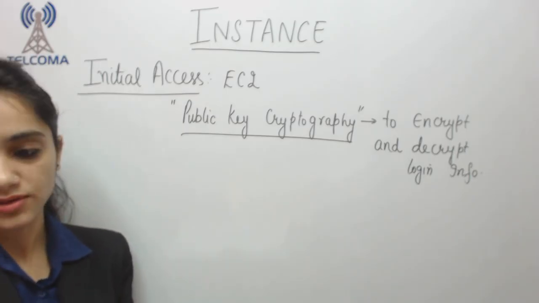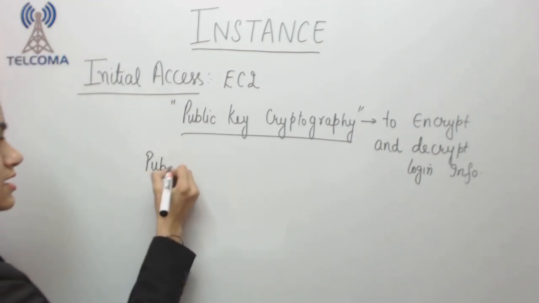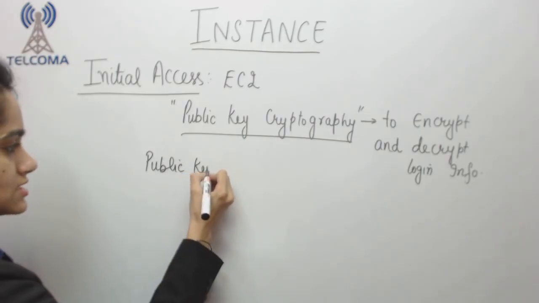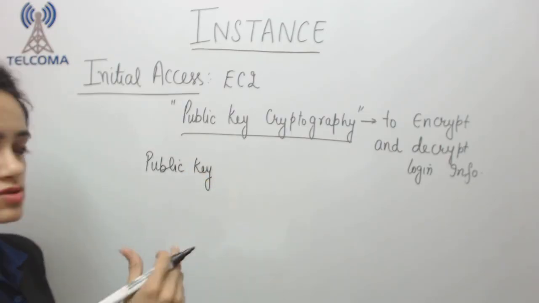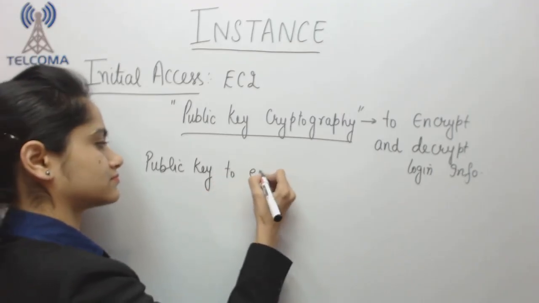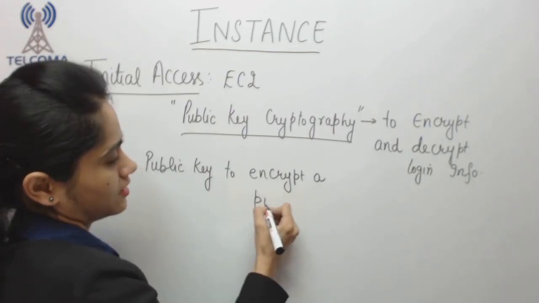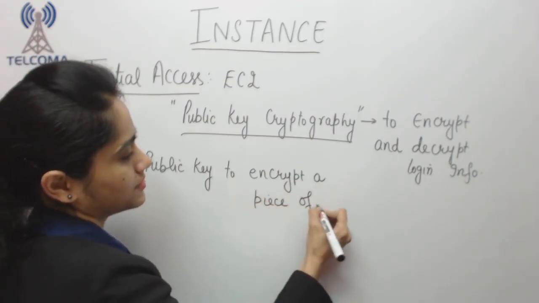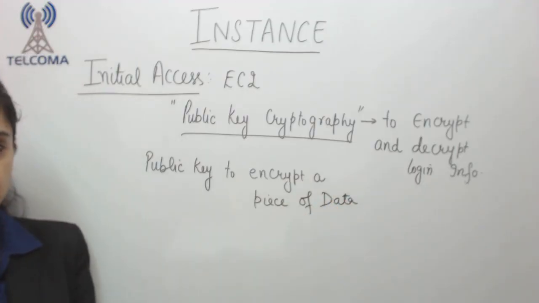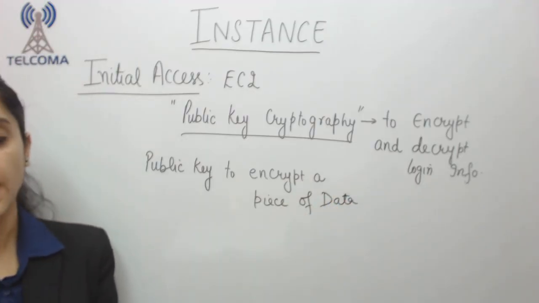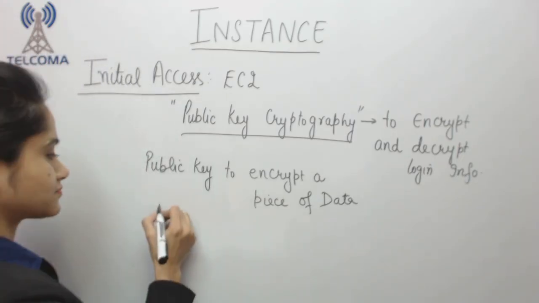Now public key cryptography uses a public key to encrypt a piece of data. To encrypt a piece of data, the public key is used, and the associated private key is used to decrypt the data.